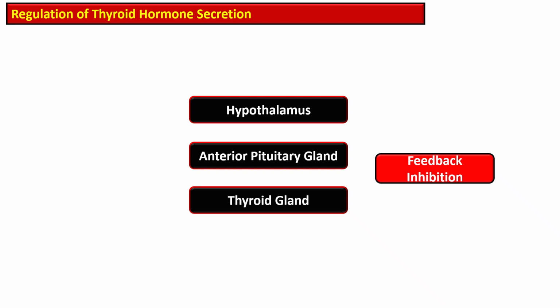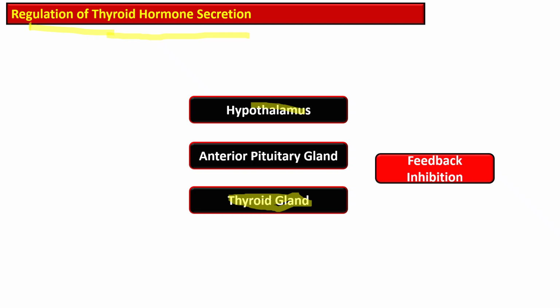The thyroid hormone secretion is tightly regulated, and this regulation is through the hypothalamic anterior pituitary and thyroid gland axis that causes the right amount of the hormone to be secreted from the thyroid gland.